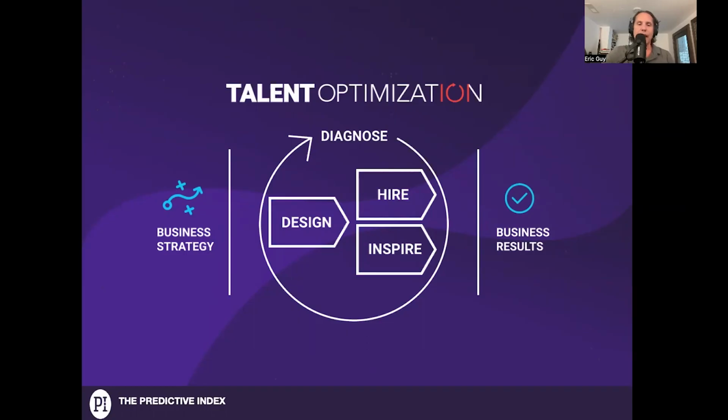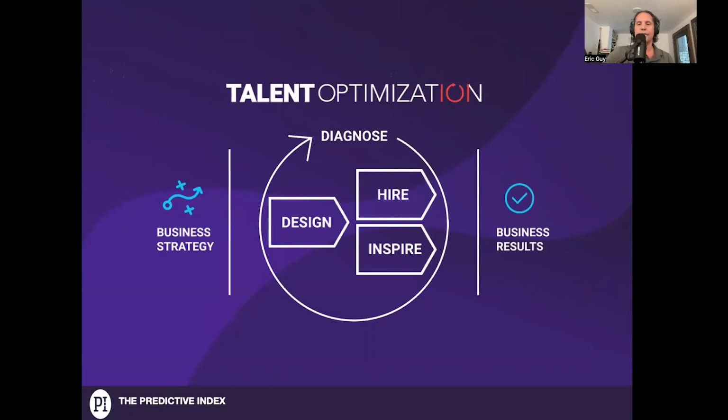Design is about aligning your talent strategy with your business strategy. It's just not one size fits all. Not every company's the same. If you look at this as a chessboard, how do we structure the organization? How do we structure teams? If we want to be lean and mean and entrepreneurial, we probably want something flatter.